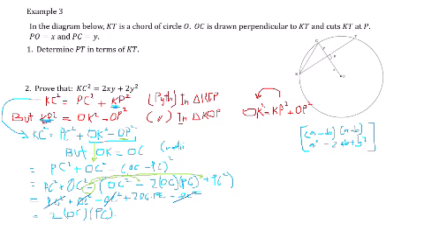So in the next step we can write 2 times x plus y, and PC was equal to y. And then if we multiply this whole thing, in the end you will get 2xy plus 2y squared, hence proof that KC squared is equal to 2xy plus 2y squared.